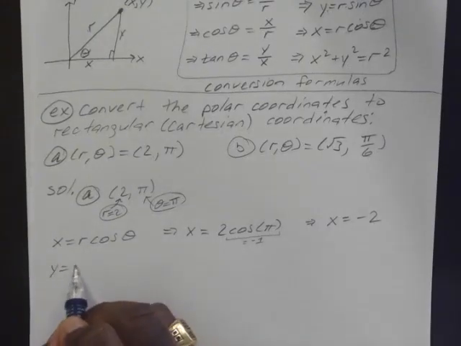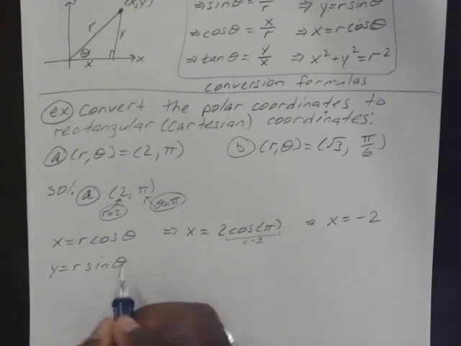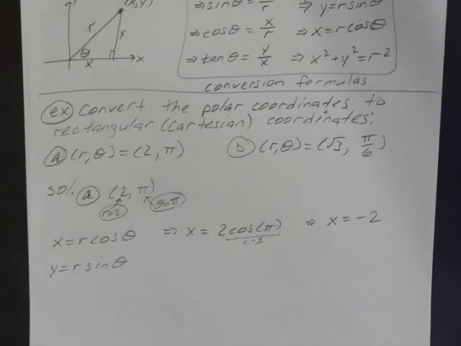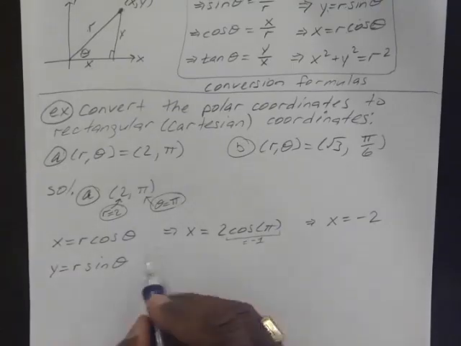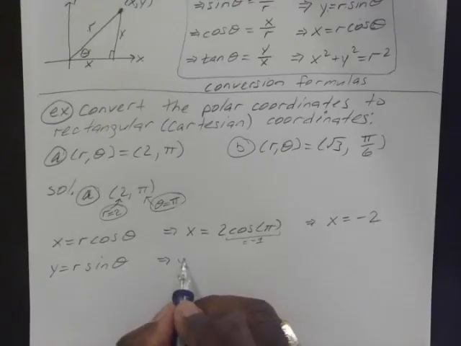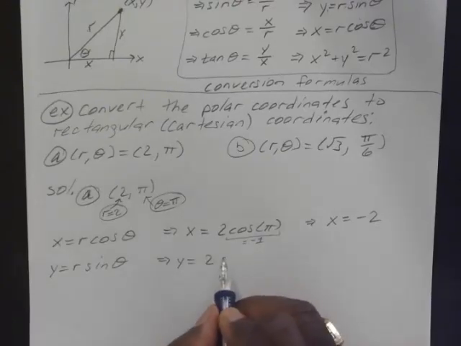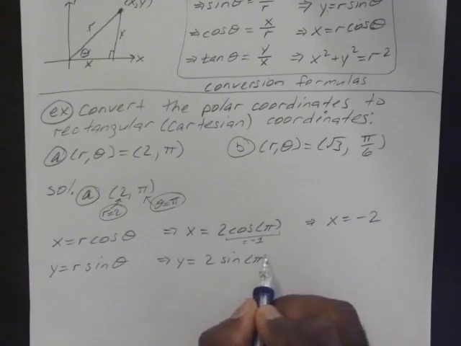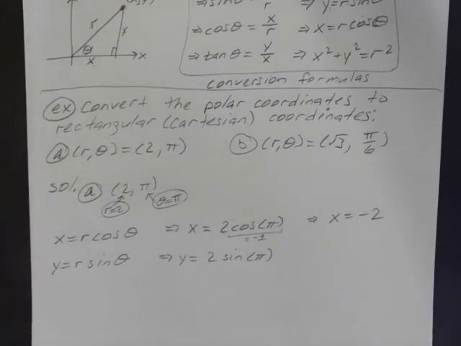And we know that y is equal to r times sine of theta. Which means that y is equal to 2 times sine of pi. Well, we know that sine of pi is just equal to 0.